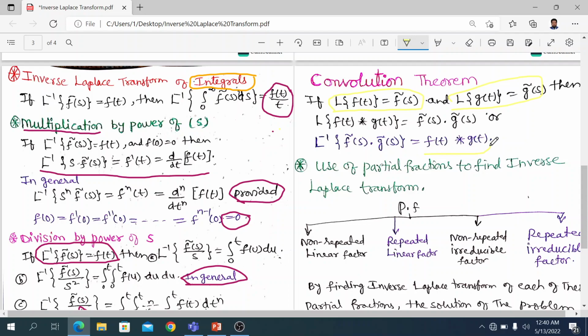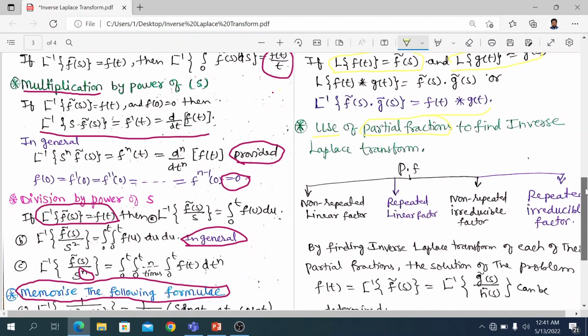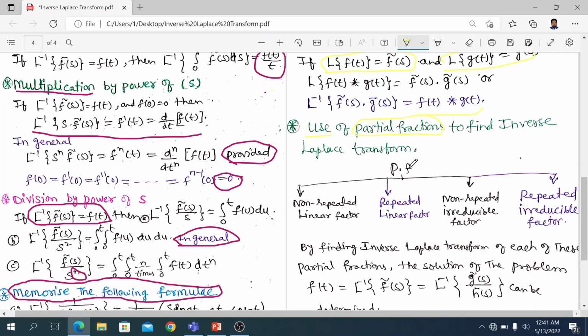Now next topic, use of partial fractions to find inverse Laplace transform. In the partial fraction video I have shown you the complete forms of partial fractions.